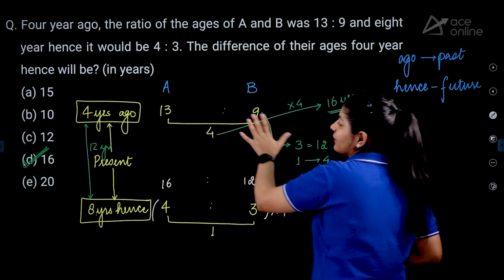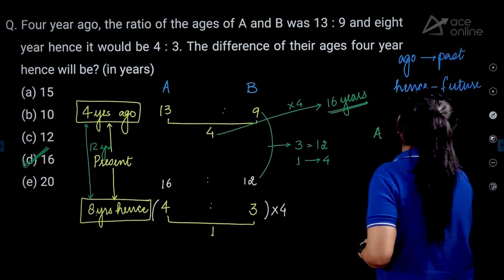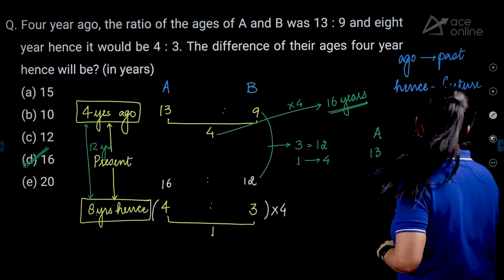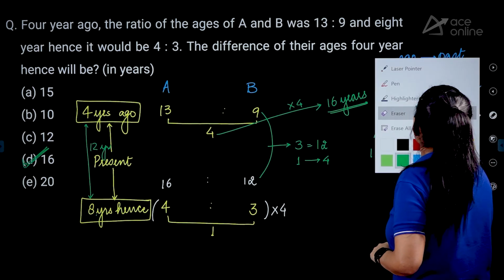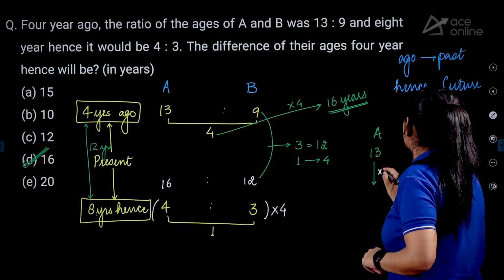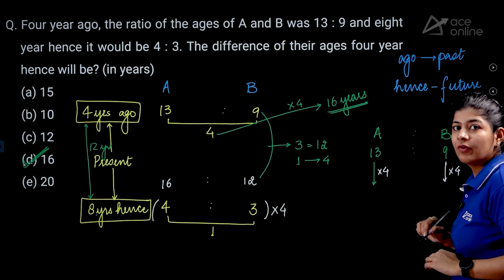First, we calculate these values. Here we have A ratio B, and the ratio is 13:9. Now I know that these values are present on the multiple of 4.